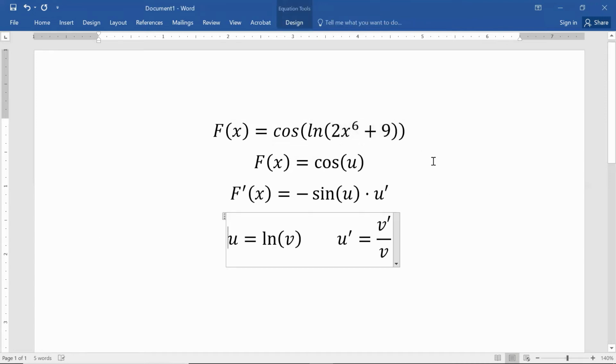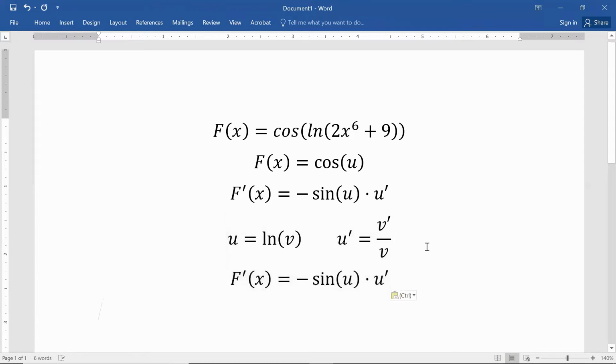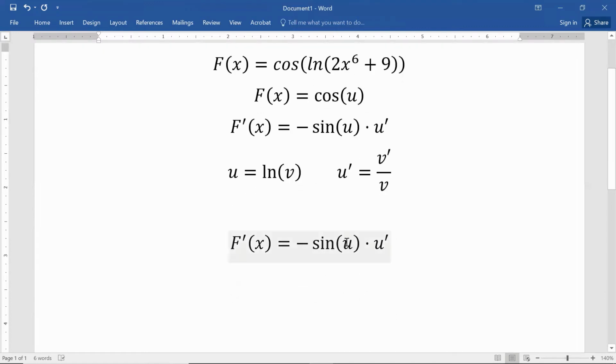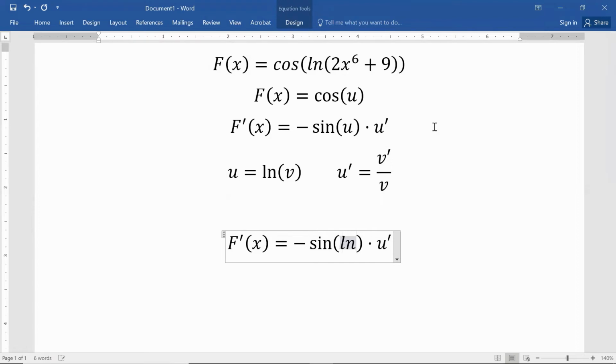So let's go ahead and do that. So take this F of x. We took a derivative. We know that the derivative is going to be negative sine of u. What's u? U is this natural log of 2x to the 6th plus 9.